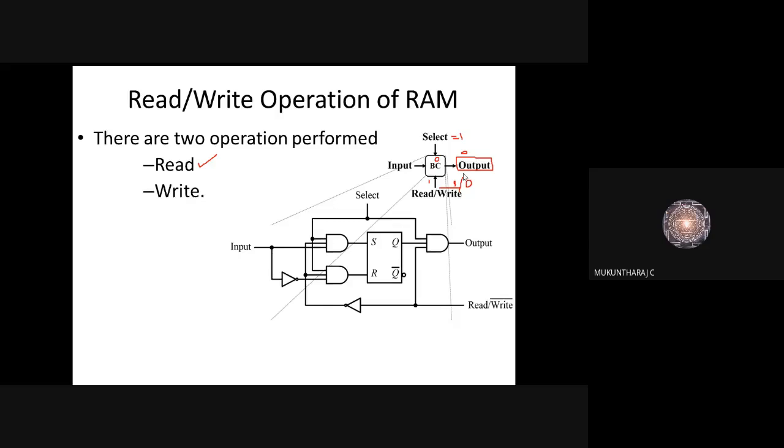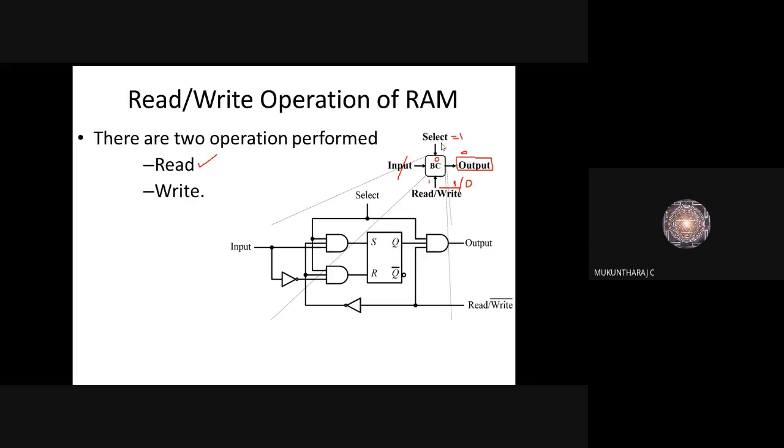While reading the data, there is no need for input data, because we are not going to write any information into the memory. We are just reading the data from the memory.